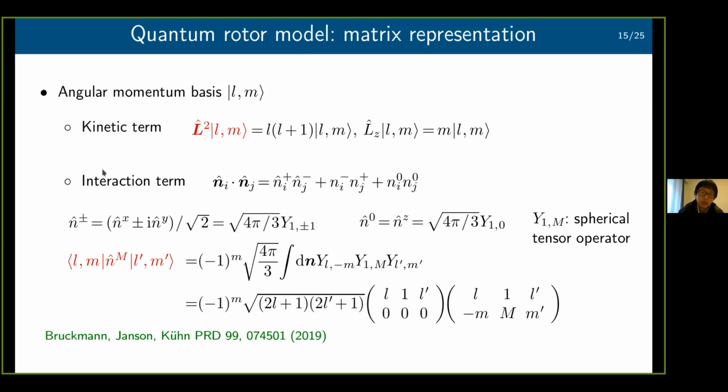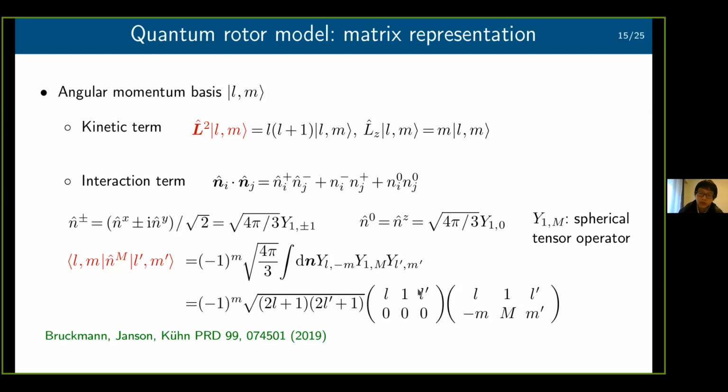To represent the interaction term under this basis, we only need to decompose this coupling term into different spherical tensor operators. Then we can make use of the well-known formulas for spherical harmonics to represent the interaction term under this angular momentum basis.